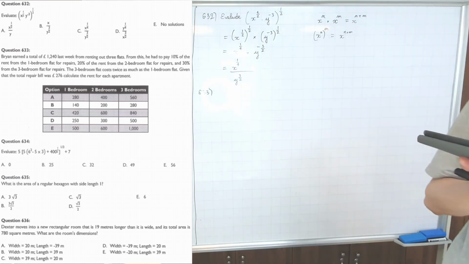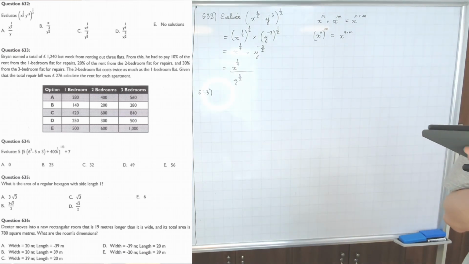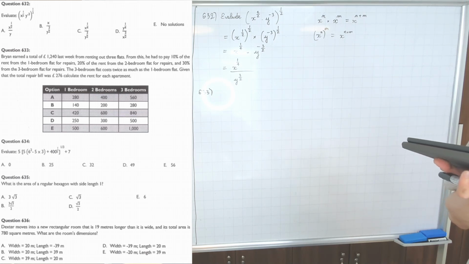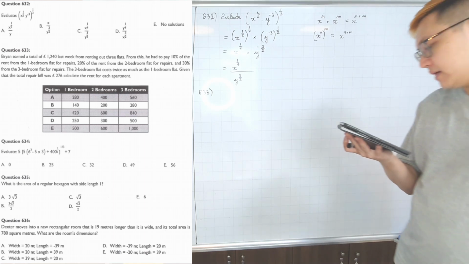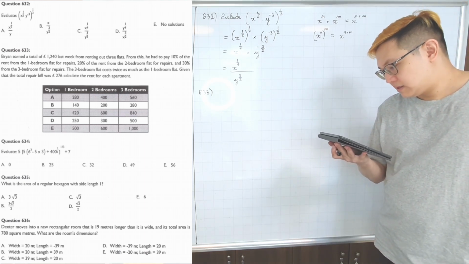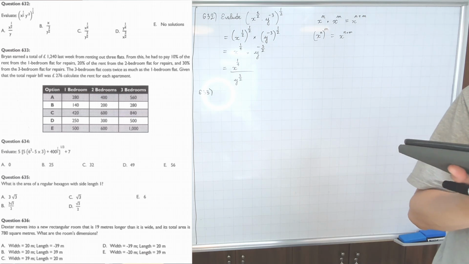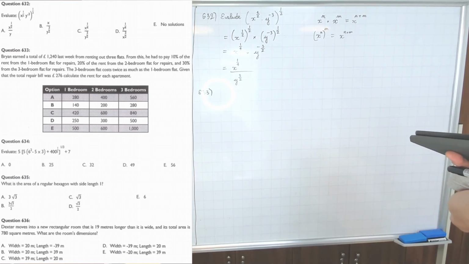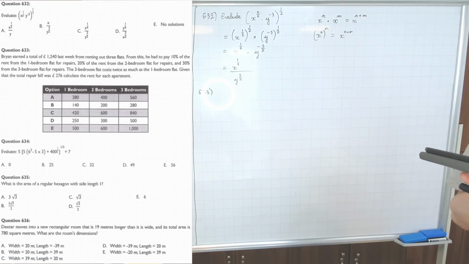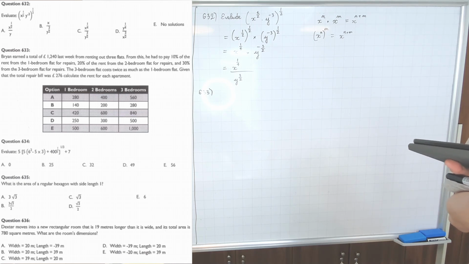From this, he had to pay 10% of the rent from the 1-bedroom flat for repairs, 20% of the rent from the 2-bedroom flat for repairs, and 30% from the 3-bedroom flat for repairs. The 3-bedroom flat cost twice as much as the 1-bedroom flat. Given that the total repair bill was £276, calculate the rent for each apartment.